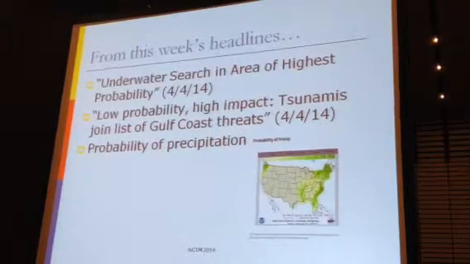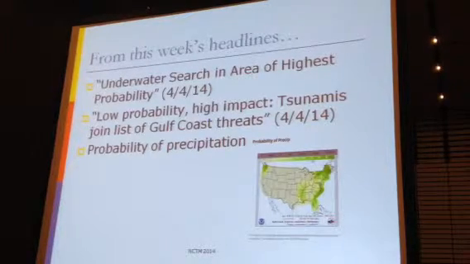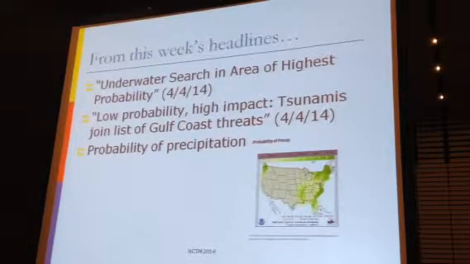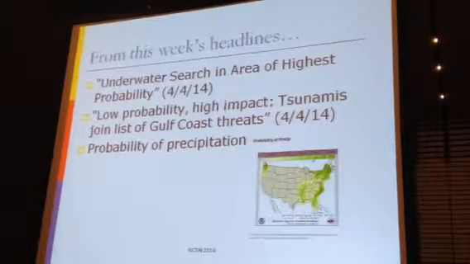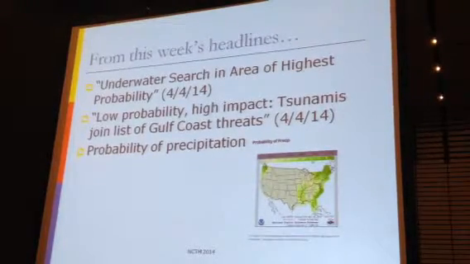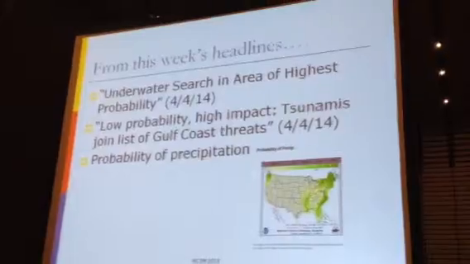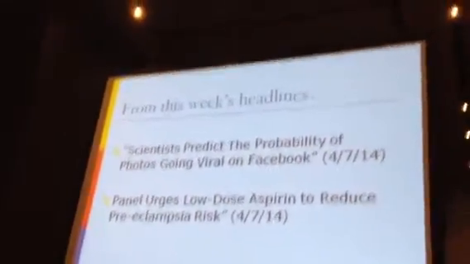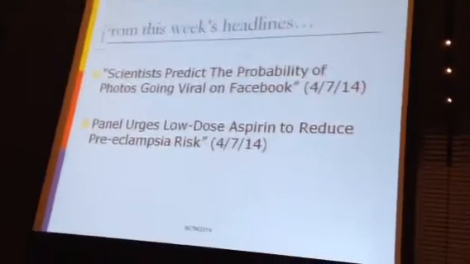Something that affects the Gulf Coast here is a low probability, high impact. Tsunamis join the list of Gulf Coast threats. We see maps like this all the time, probability of precipitation. This was for a few days ago, and the different colors represent varying probabilities. There were scientists predicting the probability of photos going viral on Facebook.